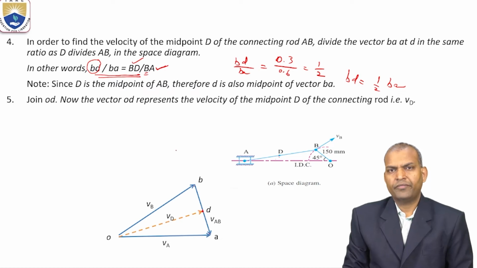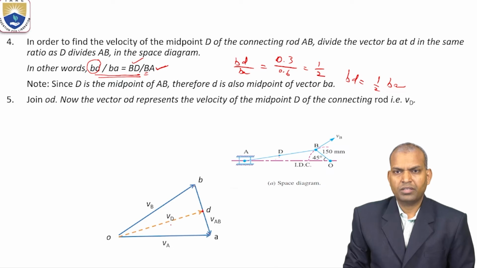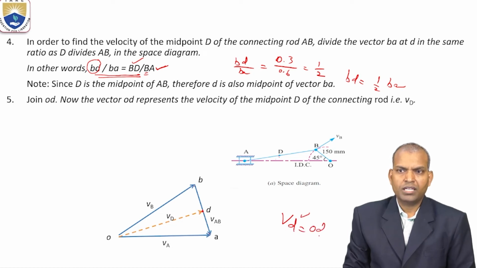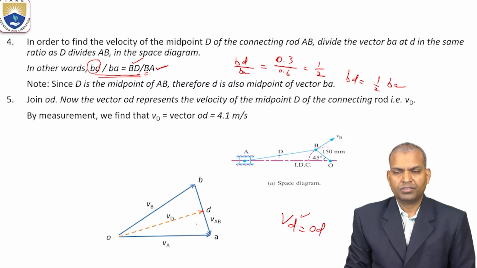Now the vector OD represents the velocity of the midpoint D of the connecting rod, that is VD. OD is the velocity of the midpoint of the connecting rod.